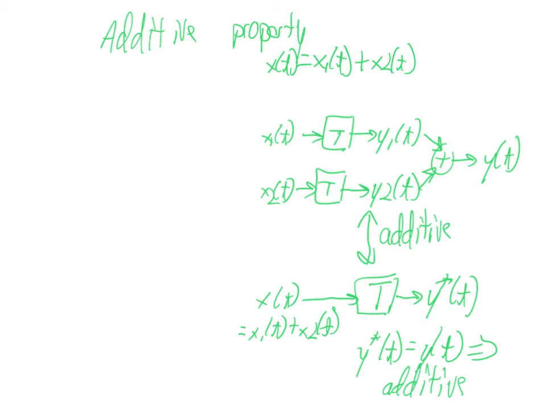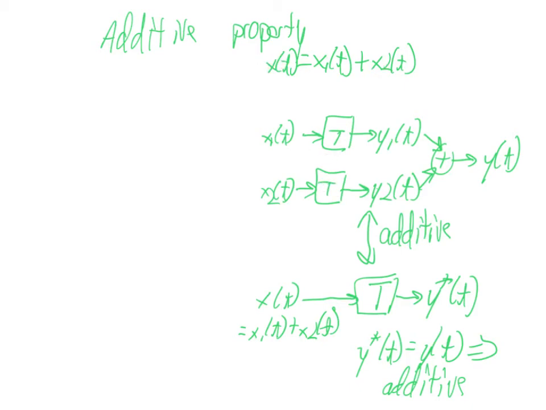The reason we're interested in doing this is the same reason you're interested in knowing whether a system obeys superposition. For analysis purposes, if I have a signal x and I break it down into two simple parts, maybe this is a cosine at 50 hertz and this is a sine at 75 hertz, I would like to be able to analyze the effect on each of those separately. Maybe this is a sinusoid, maybe this is a step function, and the overall signal is the sum of the two.